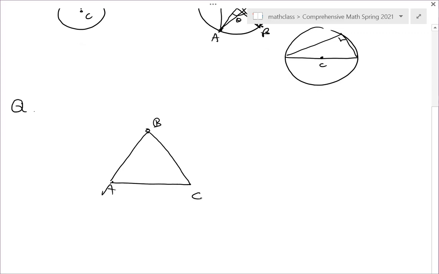This is A and C. The side length is A, and A equals 2.